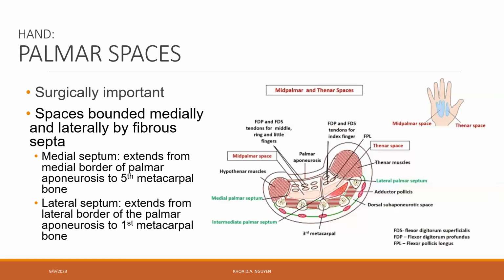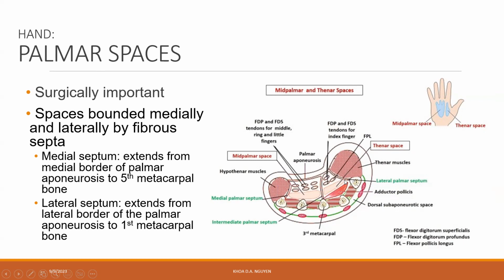Okay, let's talk a little bit about the palmar spaces. There is a lot of fascia in the palmar surface of the hand, and those fascia not only form the palmar aponeurosis, but also form compartments, okay, within the hand itself. And they divide the compartments from each other by making a wall, basically, in between them.